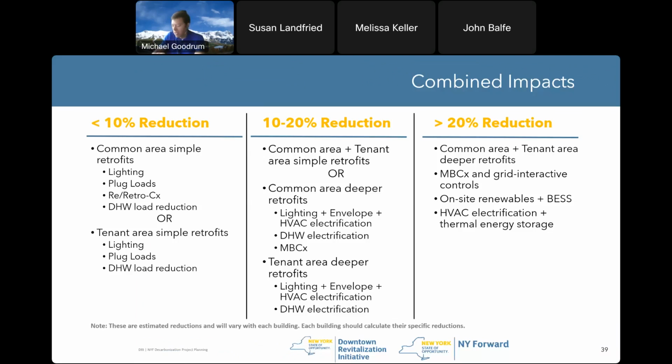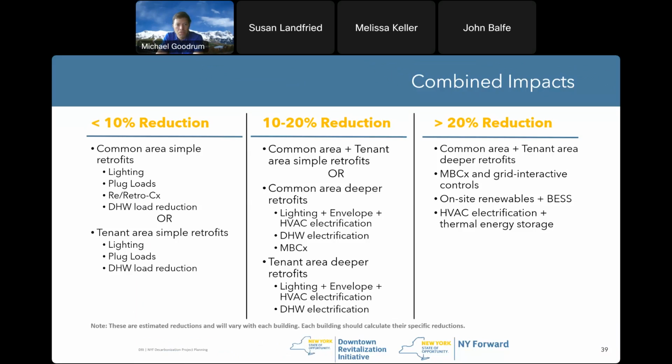And I alluded to this on the slide with the savings, but talking about the combined impacts, and what kind of reductions you can see by combining different strategies.